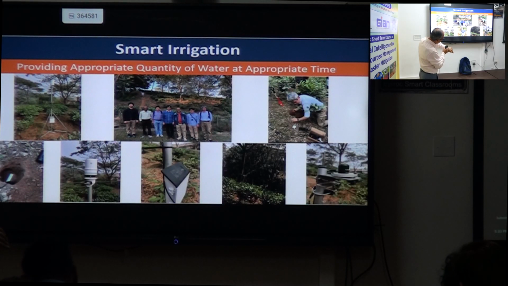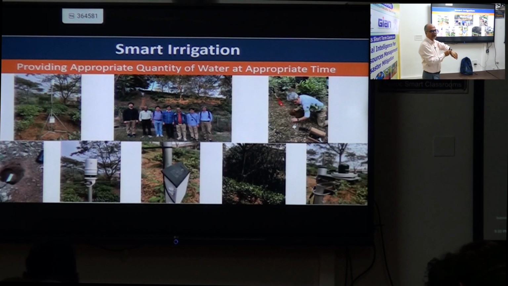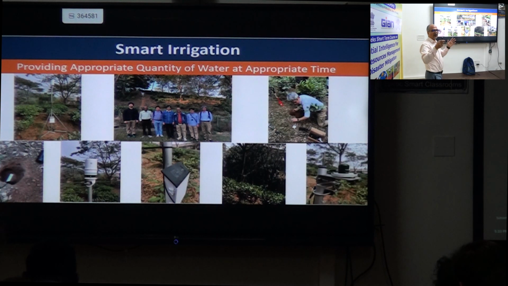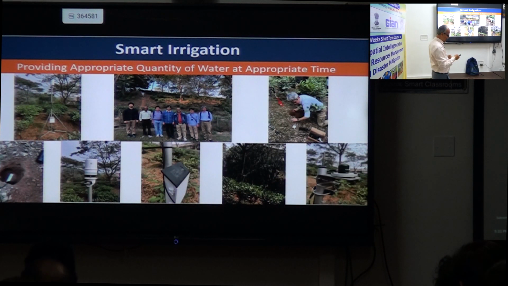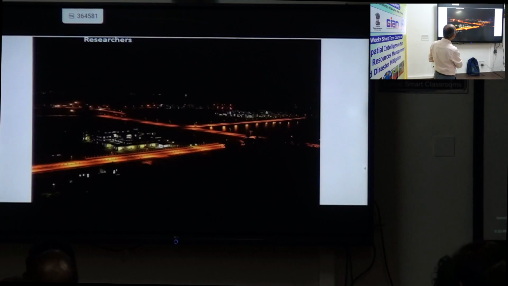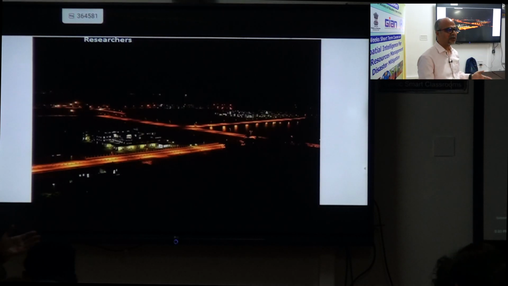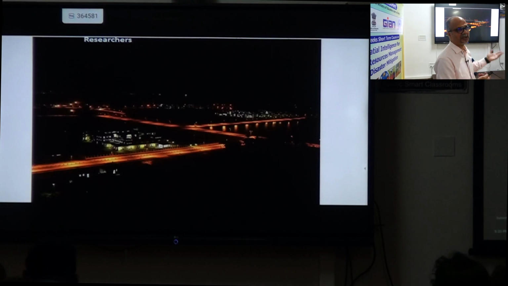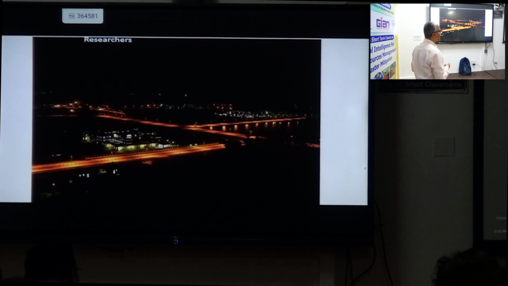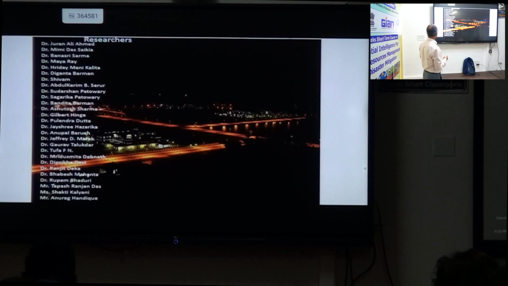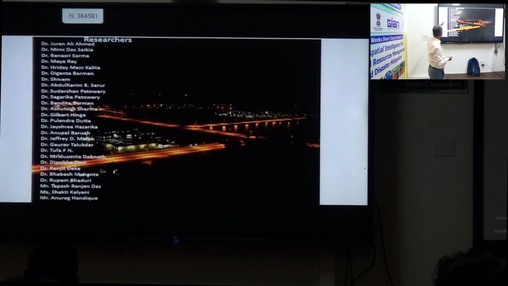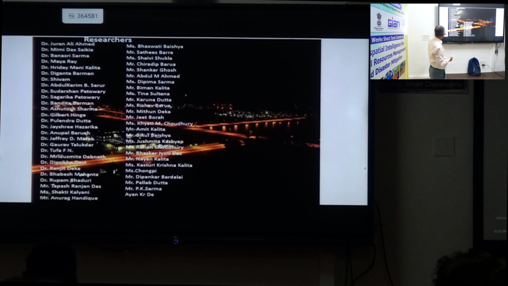Because my time is over, I think you have tolerated me a lot. But I never forget to acknowledge, for whatever projects I have just shown you, the contribution of my research scholars. All these are my PhD students, and some are still continuing, and some project staff are there.